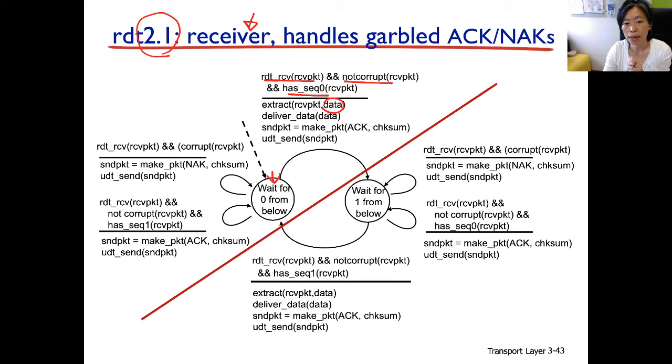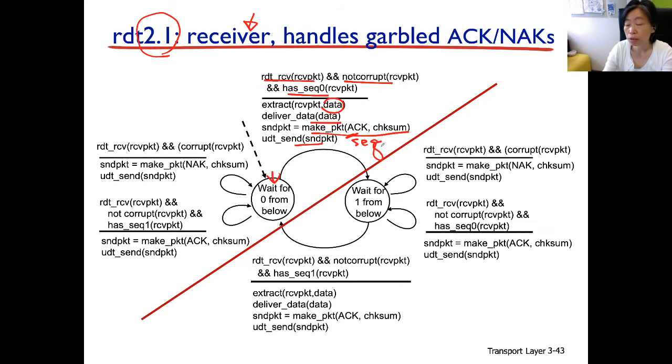Then we extract data, pass it up to the application layer, generate an ACK packet with the checksum, and send it out. Now, in 2.2, this ACK packet should be carrying a sequence number, isn't it? And according to 2.2, the sequence number should be the last data packet received okay.